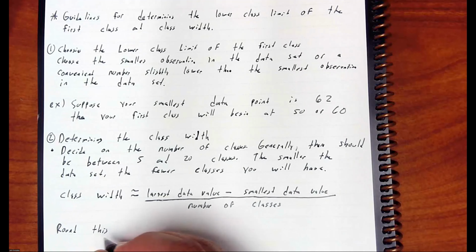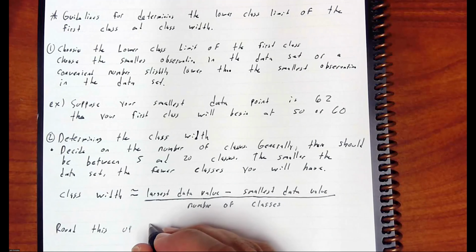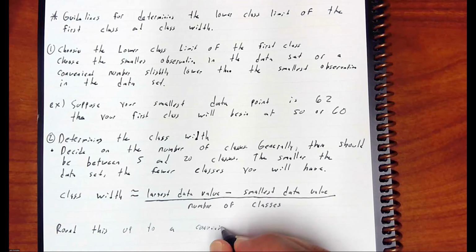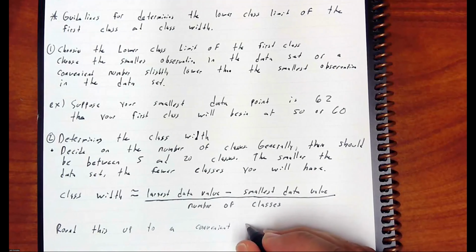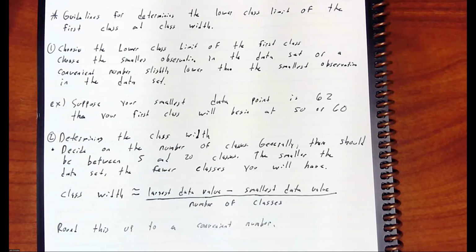Round this up to a convenient number. Now there's a kind of a rule of thumb. If you have like 2 decimal points, you'll go down to the third. I'll show you what I mean.